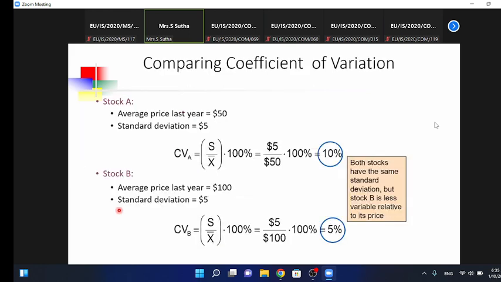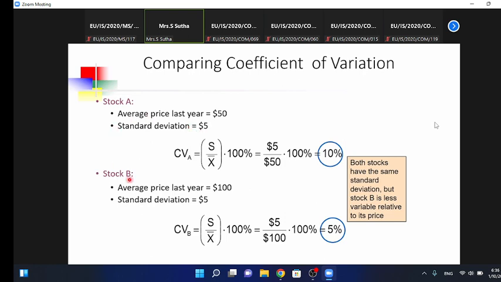Right. Now here we are looking at stock-related variations. You are given information on two different stocks. For stock A, the average price is $50 and the standard deviation is $5.